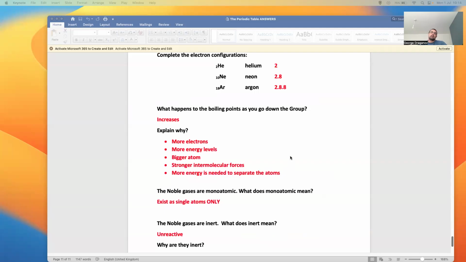Now, technically, if you're an atom, you're singular, you're not actually a molecule. So I would just say strong force of attraction. The attraction between the atoms gets stronger. If you do A-level, you'll learn exactly what this invisible force of attraction is, but it's not a covalent, it's not an ionic bond. It's just called a force of attraction.